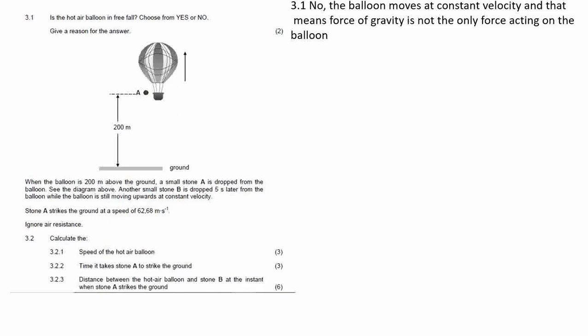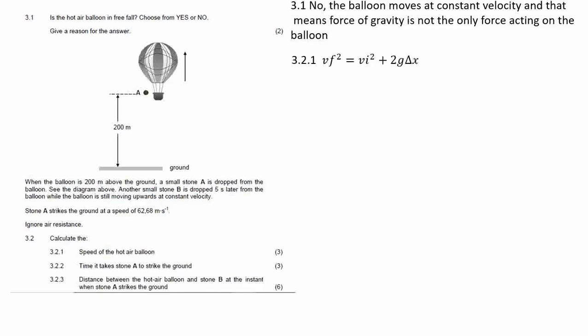Stone A strikes the ground at a speed of 62,68 meters per second. Ignore air resistance. Now, question 3.2.1 says: calculate the speed of the hot air balloon. We will calculate this speed using one of the formulas from the previous slide.